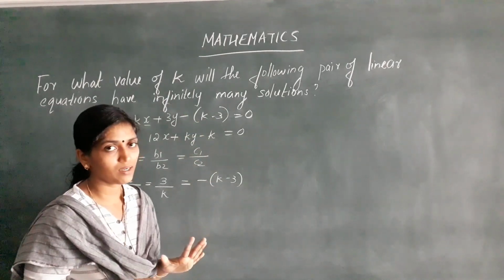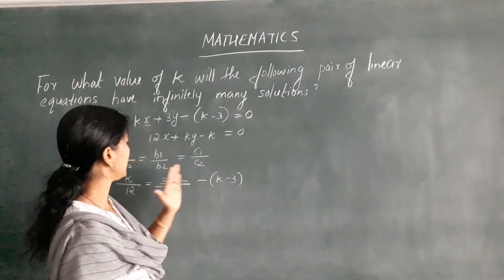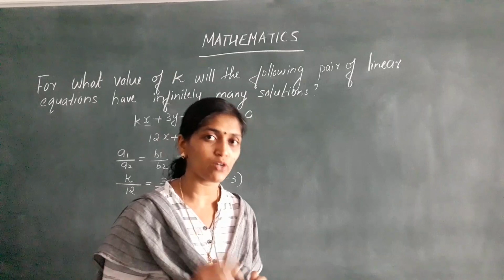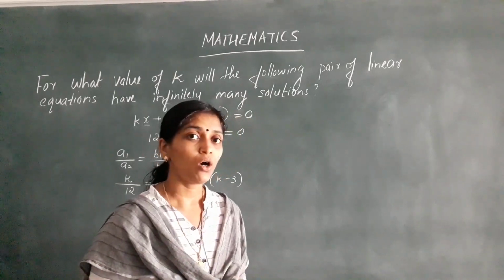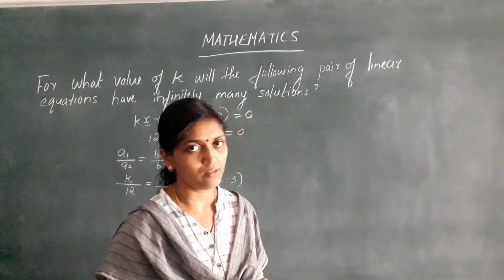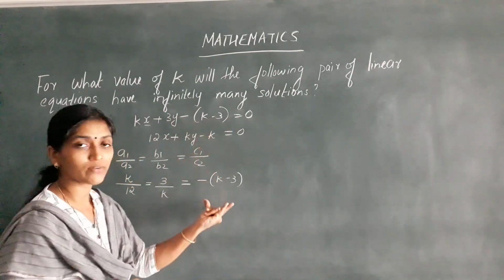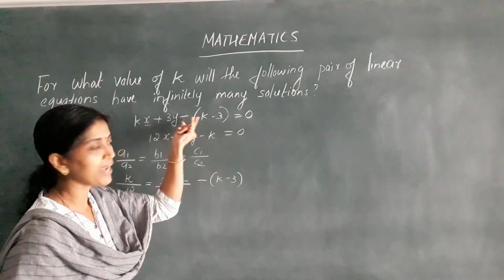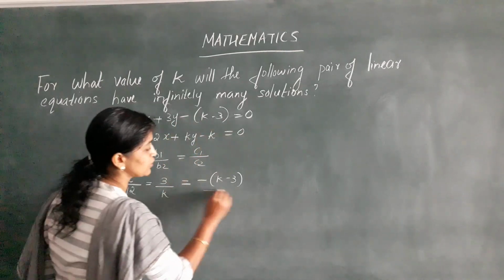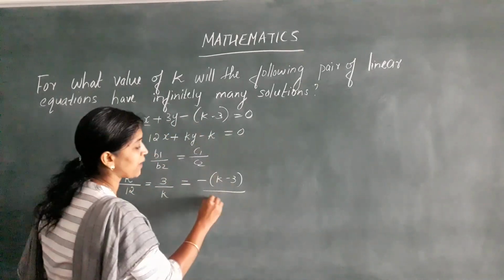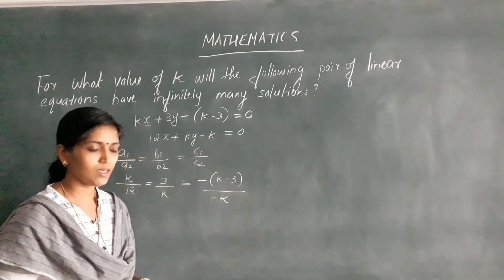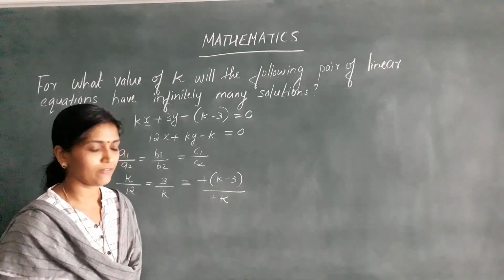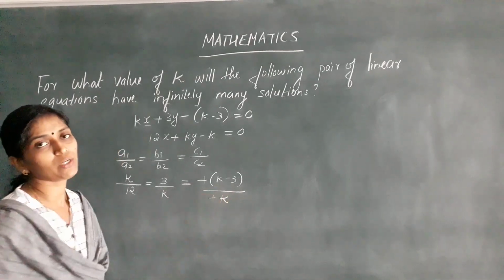Otherwise you will make a mistake. Because the general form we have seen, a1, a2, b1, b2, everything is based on the general form of the pair of linear equations, where all those were positives. So if it is negative, you have to take and write c1 is minus of k minus 3. And c2 will again have this minus sign, it is minus k. Okay. Now minus and minus will cancel and become positive. Now this is our ratio.